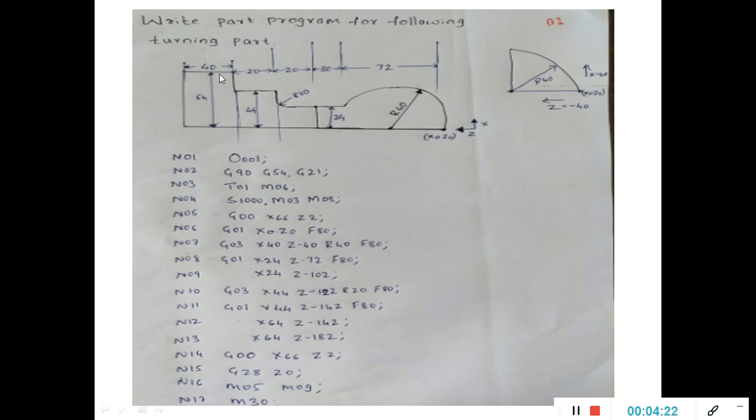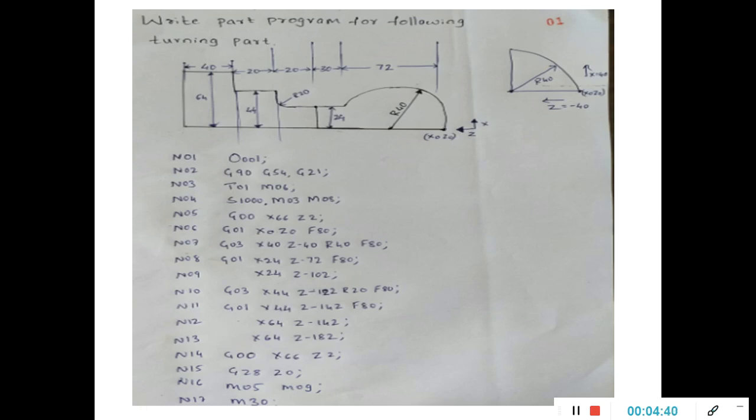It is the half portion of a workpiece. Try to analyze, right? This is the center line of the workpiece. If you take one side, this is the cut portion of the workpiece. If you turn this, you will get the full portion in the software provided in the next semester.